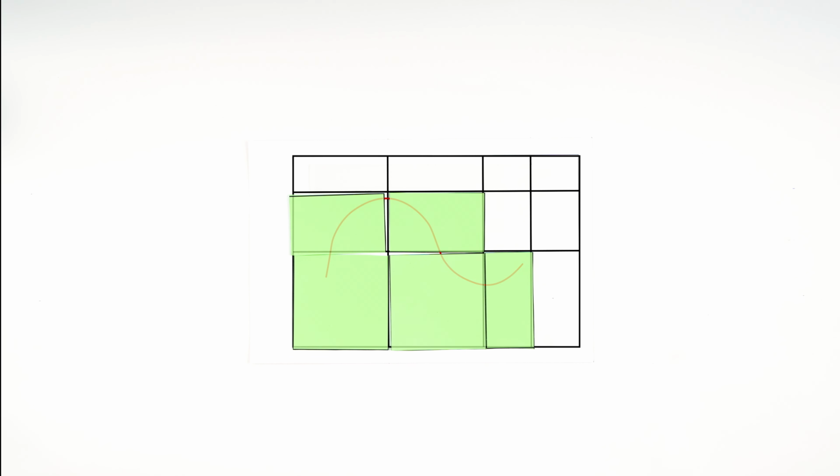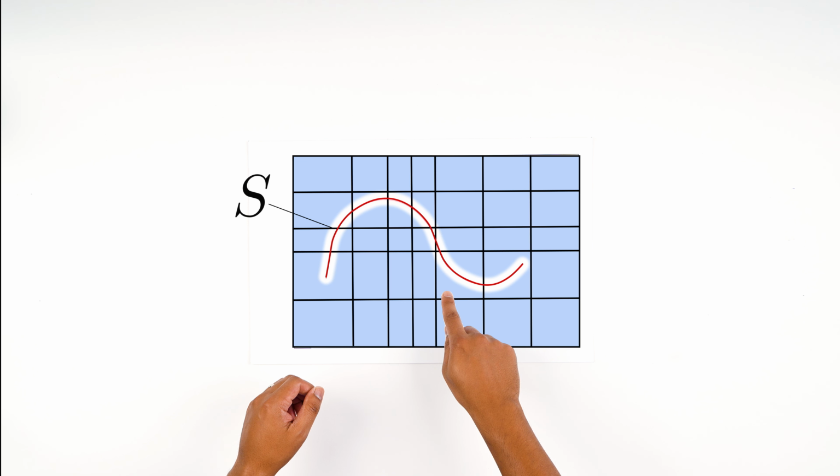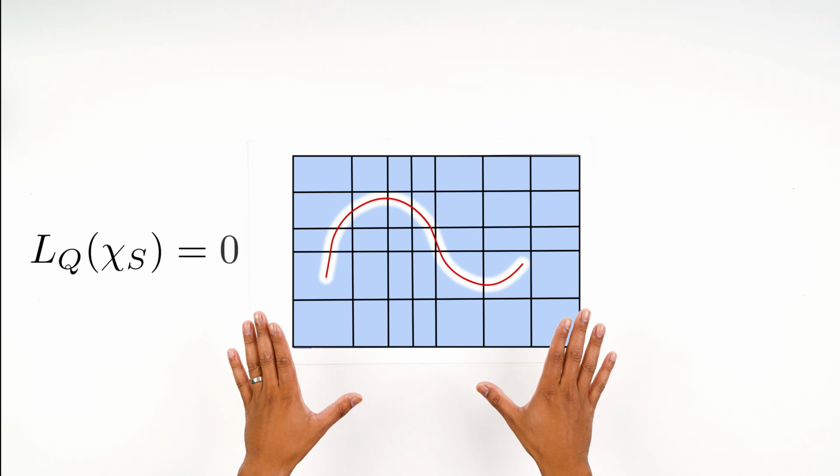By refining our partition P to a new partition Q. In other words, let's cut up the rectangle a little bit more. Repeating the same process, every single subrectangle has a point which does not belong to S. Thus, the Q lower sum is equal to 0.